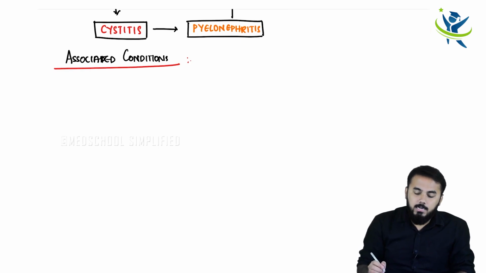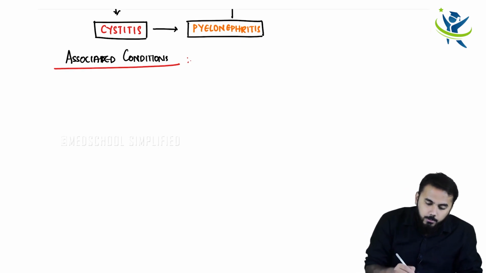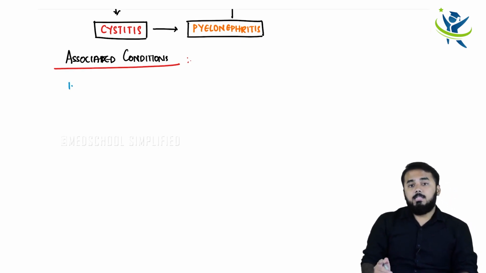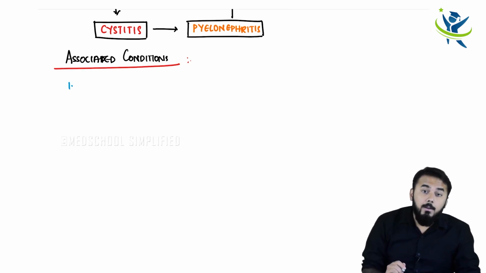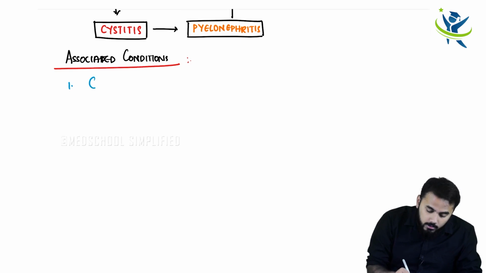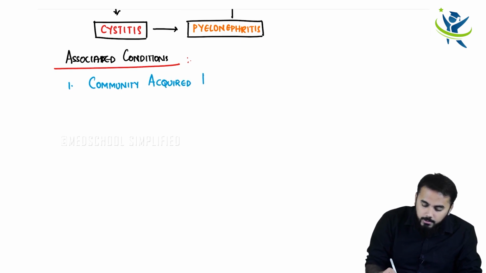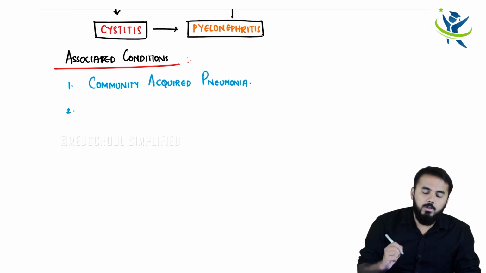What can be the conditions that are associated? The first important condition, as we are discussing Klebsiella pneumoniae, is that the patient can have community acquired pneumonia.